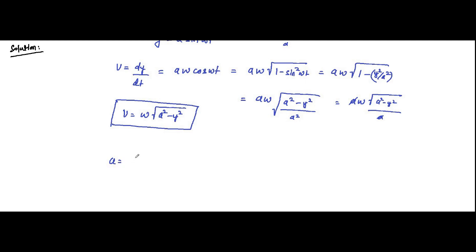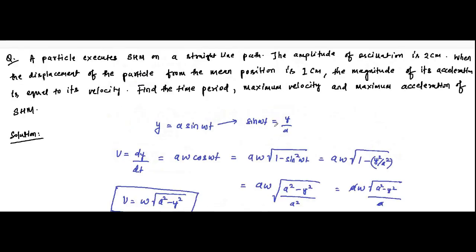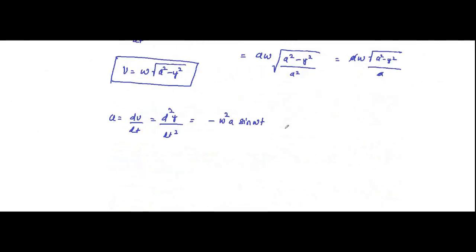Acceleration is dv by dt, the derivative of velocity with respect to time, or the second order derivative of the displacement with respect to time. That is equal to minus omega square a sine omega t. Sine omega t we can write as y by a.